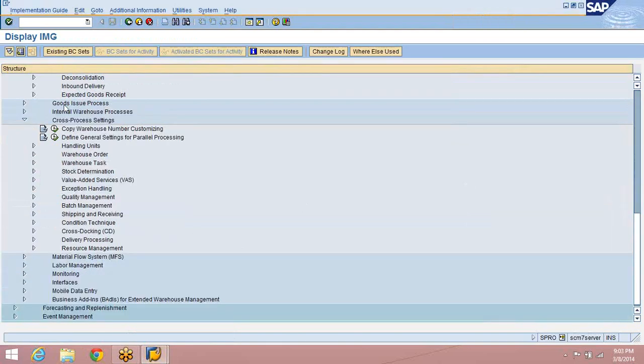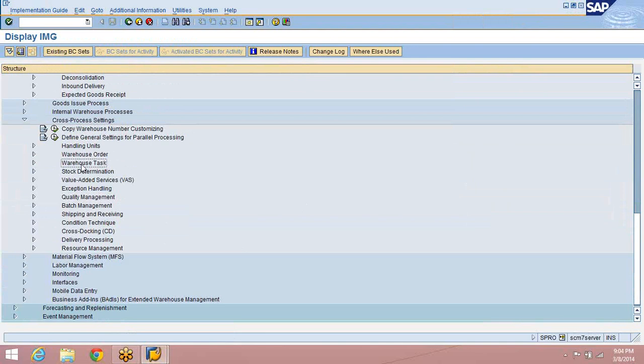This is the cross-process area, where what is common to inbound and outbound can be reached from here, like HU. Warehouse task is equivalent to the TO item, and warehouse order you can consider equivalent to the TO header.